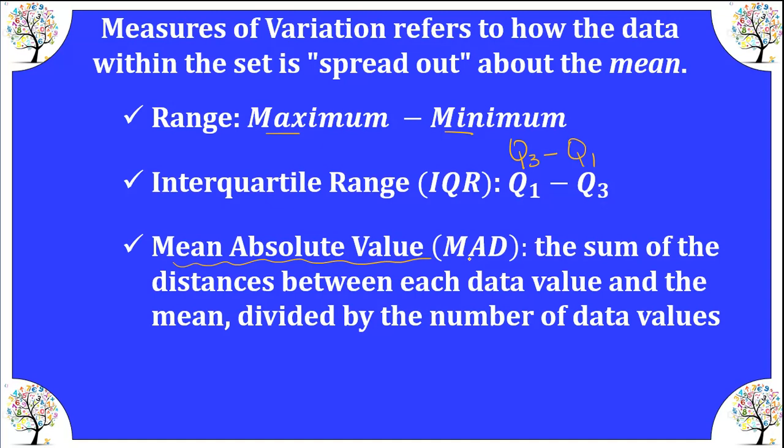Then we divide that by the total number of values we have. So again, range, interquartile range, and mean absolute deviation, MAD, give you a measurable value of how spread out the data is. Is it consistent or is it scattered?